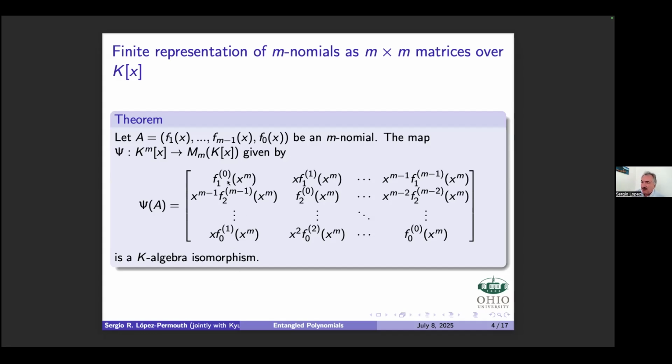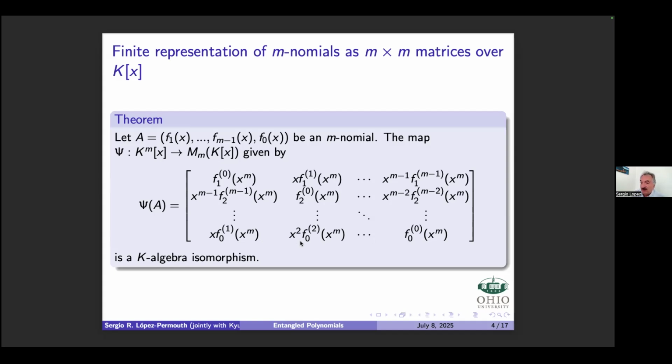What you do is you take your first polynomial, and then you just look at the terms whose exponents are multiples of n, and then you put the terms whose exponents are congruent to 1 modulo n, and so on. You do the same thing in the second one, but with a shift. You put those things that are congruent to 0 in the diagonal, and you go cyclically. Finally, in the last one, you have the things that are congruent to 0 here, and you go cyclically, 1, 2, and so on. And that is isomorphic to it.